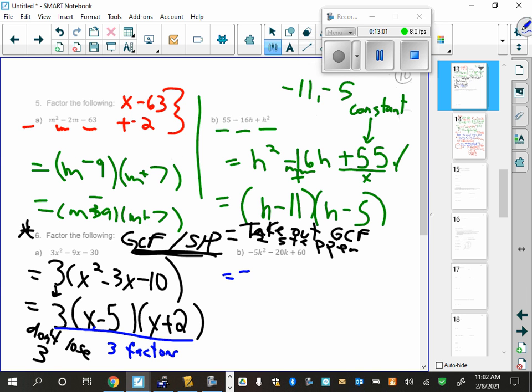Don't take a 5 out. If this starts with a negative, you take a negative out. We already talked about that, okay? We want to have a positive x squared, not a negative x squared. So take a -5 out. Everyone do that before I do.